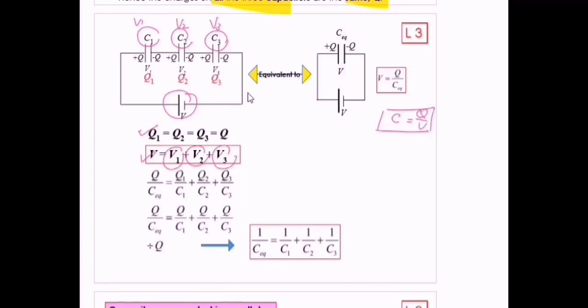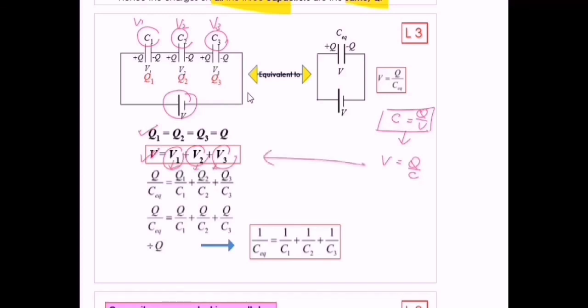Okay, and then if we rearrange this equation, we would get V equals Q over C. So we replace the potential difference here with Q over C. So Q over C equals Q1 over C1 plus Q2 over C2 plus Q3 over C3. We use this equation to replace it.